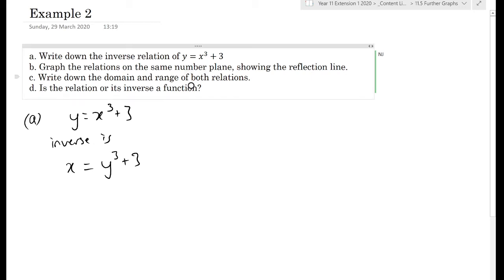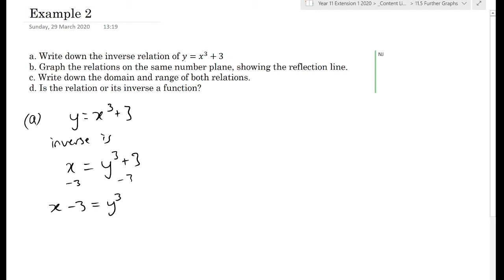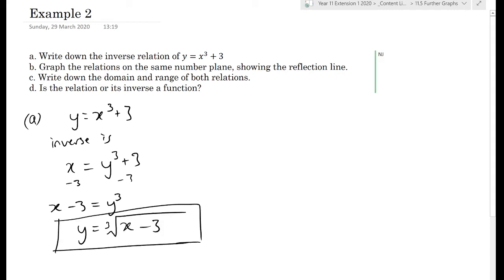Now we can simplify that by making y the subject to get the inverse function. So subtract 3 from both sides, you get x minus 3 is equal to y cubed. So y is equal to the cube root of x minus 3. So that is our inverse relation there.